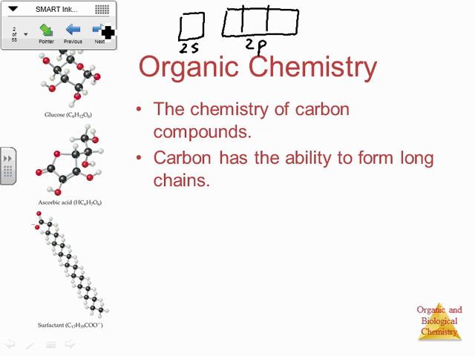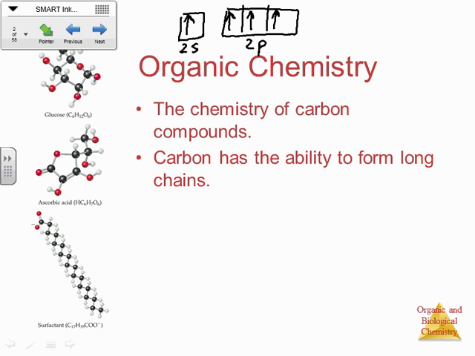And when it promotes one of its electrons, then what you end up with here is something that has a half-filled s and 3 half-filled p orbitals, and that's very conducive to forming 4 different bonds around the carbon.